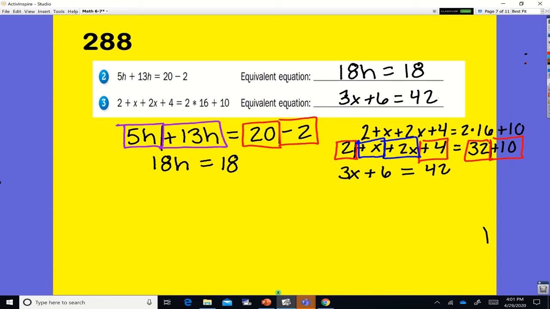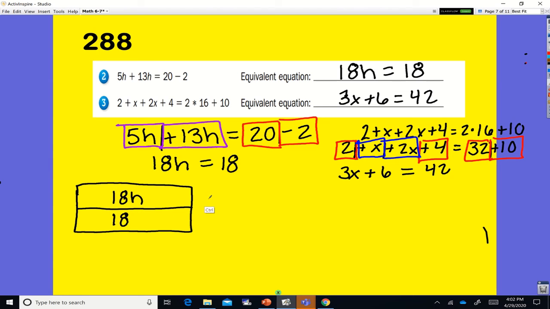Now doing what we did the other day with our bar models, we're going to solve this out. So I have right here 18h over 18, equal that out.